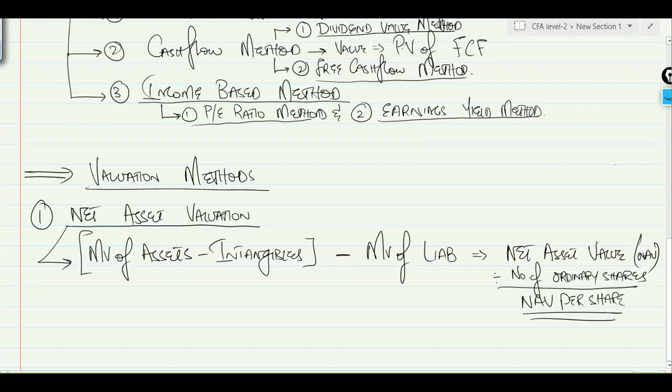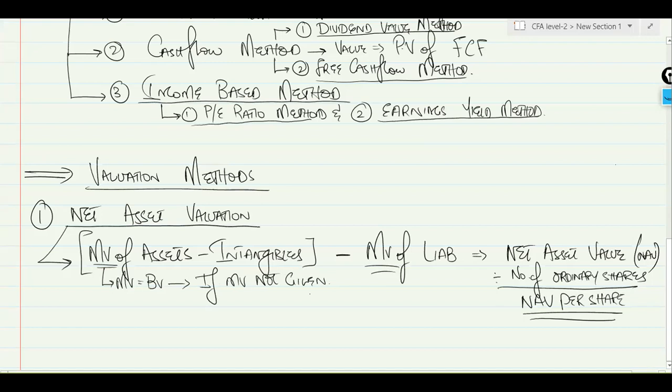So usually we take market values. If market values are not given in a question, then we assume that book values are equivalent to the market values. Let's suppose you have been given property value, only balance sheet data, and no other market values.